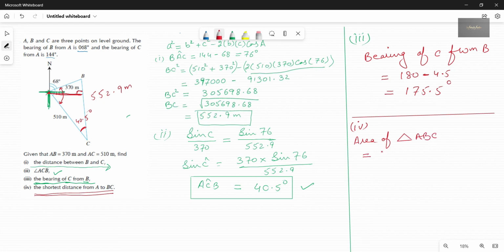That is again 1 over 2 into A, the first side, which is 510, into 552.9, which is the second side, multiplied by sine 40.5.